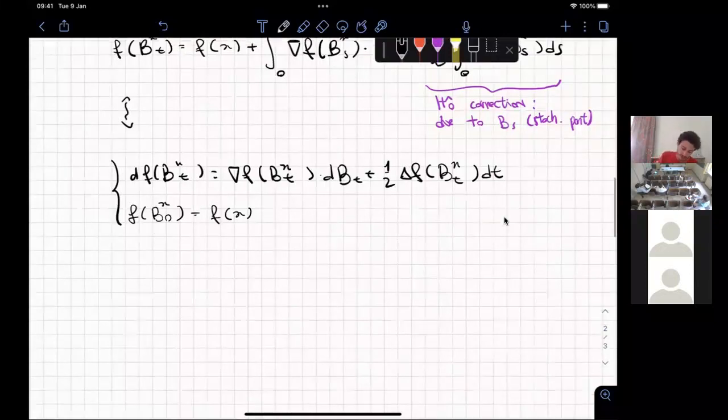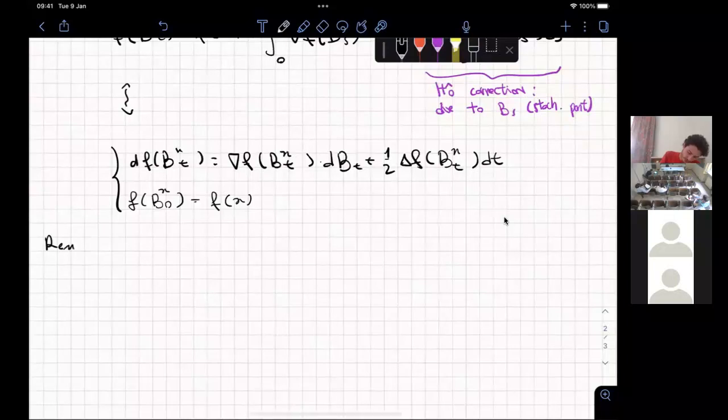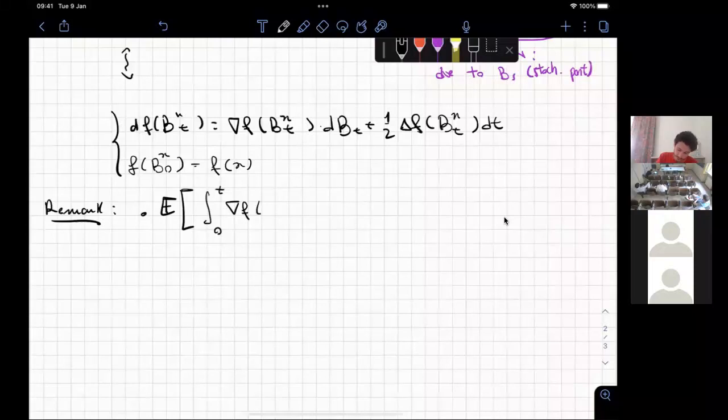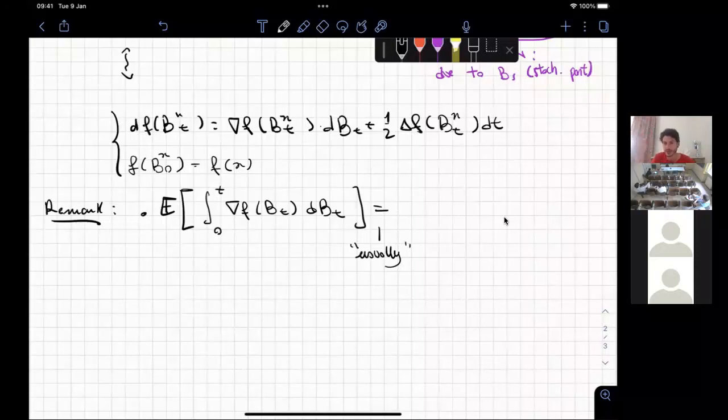So, a very long introduction. Now let's state what we want to do. Just a remark that we will use later, and that I forgot, is the so-called martingale property of the stochastic integral. Without being precise on that, what usually happens is that if you take the expectation of this guy, under nice hypotheses on f, for instance f bounded with bounded gradient, so f belongs to C1_b, this is equal to 0.